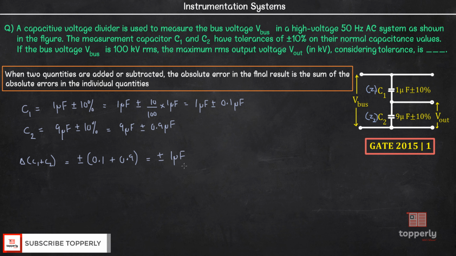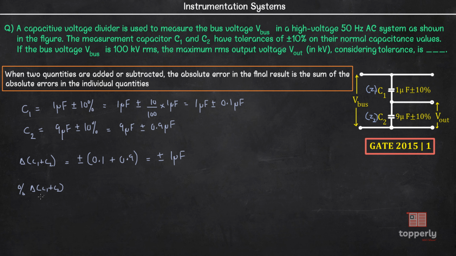Therefore, percentage relative error is given by percentage delta C1 plus C2 by C1 plus C2, which is equal to plus or minus 1 microfarad by C1 plus C2, which is 1 microfarad plus 9 microfarad, which is 10 microfarad, into 100, which is equal to plus or minus 10%.